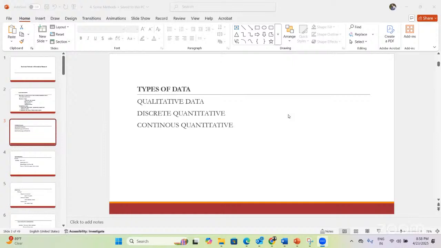So in our mind we should know whether we are going to have qualitative data or quantitative data. Whenever we make the questionnaire, we will make it in such a way, whether it will be qualitative or quantitative.